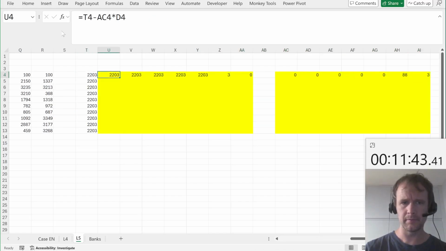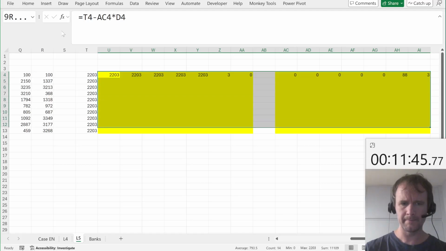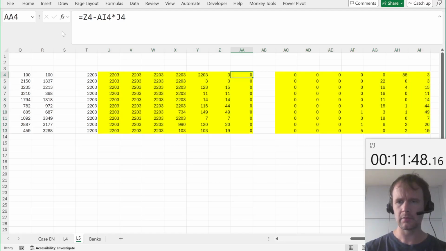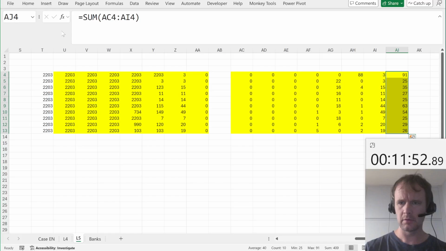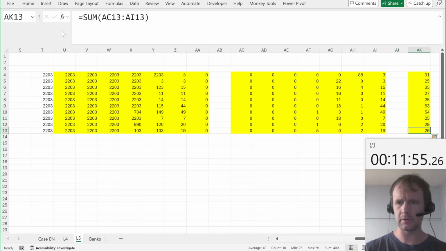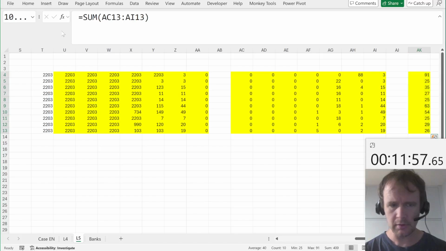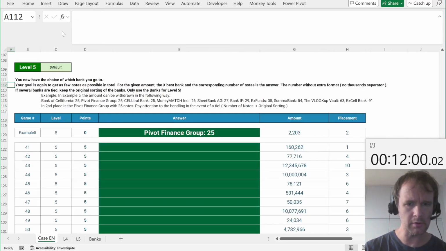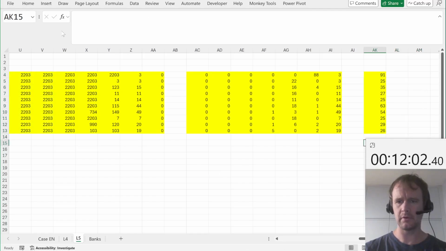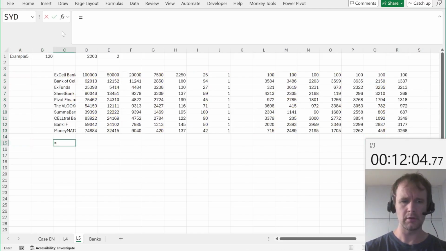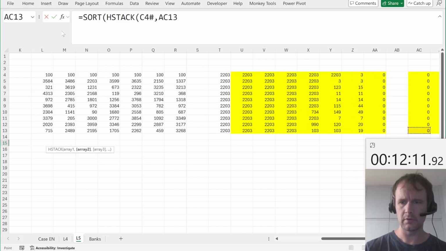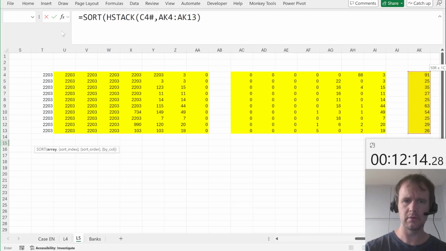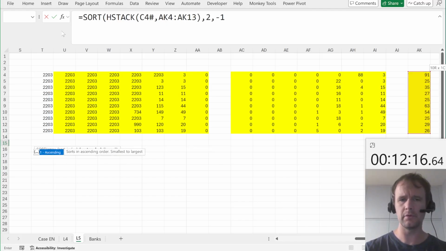Okay. So then the total number, sorry, that should be separated, but never mind. And sorry, the minimum is 25, which I think is what we wanted. Yes. Okay, so then it's going to be sort h stack of this with this by position 2.